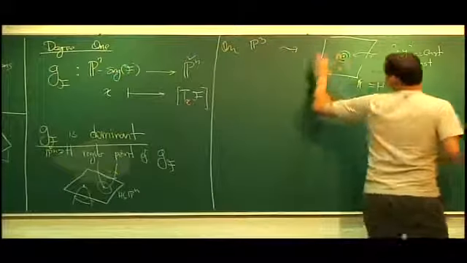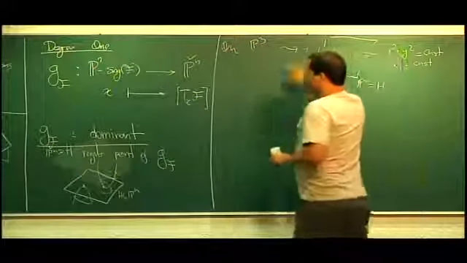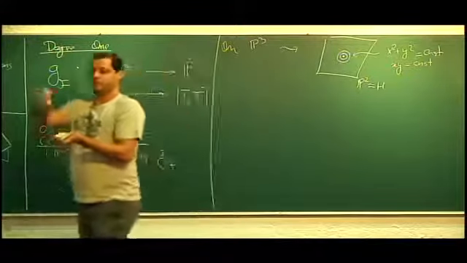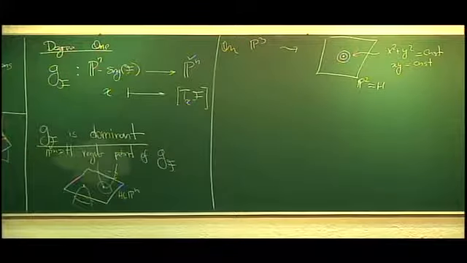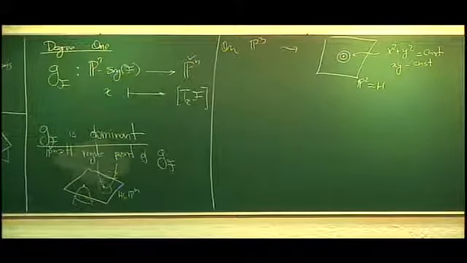So why do you say it has a first integral again? Because I'm really on the regular locus of the foliation on P3. So it has a first integral by the classical Frobenius theorem. And I'm just restricting this first integral to a hyperplane.